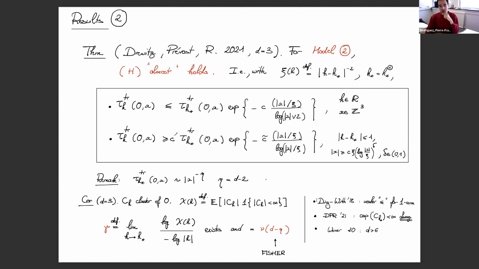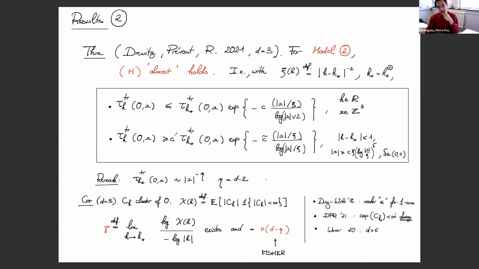Then in earlier work we also looked at this problem, trying to understand where the integrability really came from. In earlier work, we showed that, in fact, at the critical point, which Shubhajit already pointed to, is equal to 0, the capacity of the cluster of the origin is always finite, on any transient weighted graph.